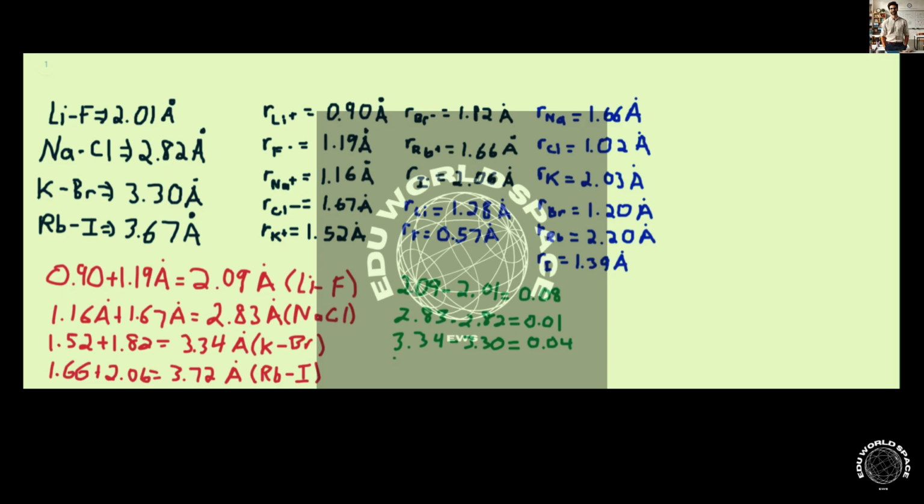And then 3.72 minus 3.67 is going to be equal to 0.05.